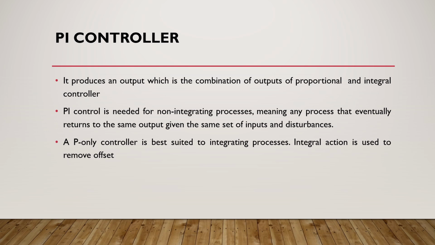The major advantage of this combination is that we are not affecting the stability of the control system. Basically, in a control system, stability is the most important part. That's why we use the combination of these controllers to overcome these problems. This controller must be proportional to the error and also proportional to the integral of the error signal.